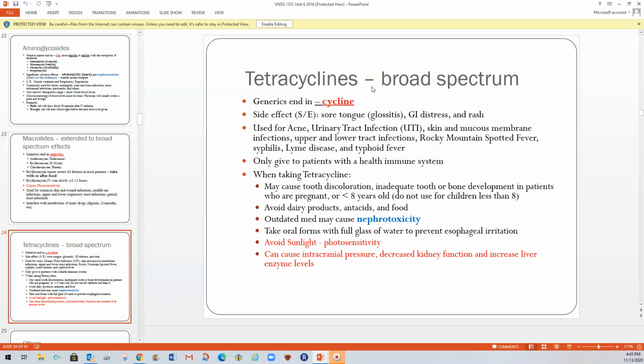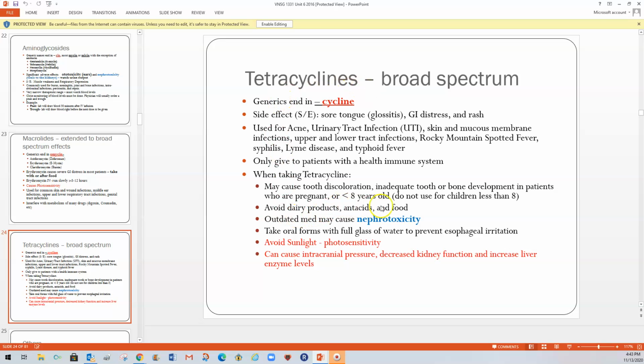Tetracyclines, that's a broad spectrum, and it ends in cycline, and you can see the side effects, what it's used for. Tetracyclines are only given to patients with a very healthy immune system. They can cause tooth discoloration and affect tooth and bone development in patients who are pregnant or less than 8 years old, and we don't give them to children less than 8.